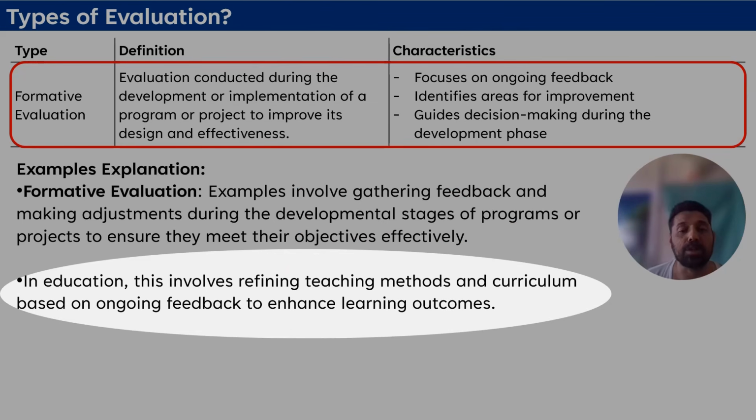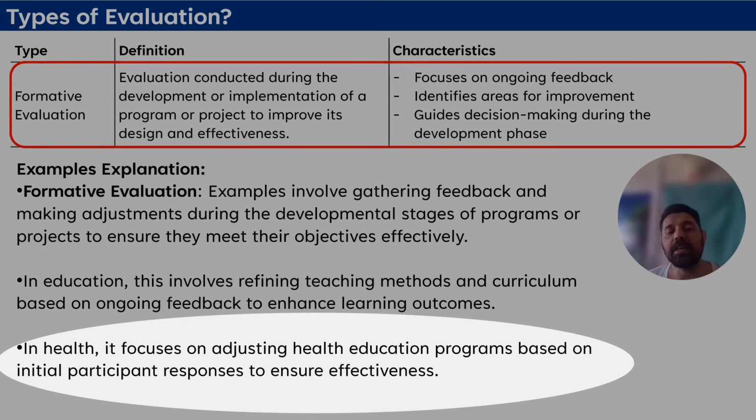Another example, in education, involves refining teaching methods and curriculum based on ongoing feedback to enhance learning outcomes. For example, your project is on curriculum-based activities. If you are conducting formative evaluation during the project implementation, that would give you information and ongoing feedback to enhance learning outcomes. If there are some issues in the curriculum or teaching methods, you can evaluate that through formative evaluation.